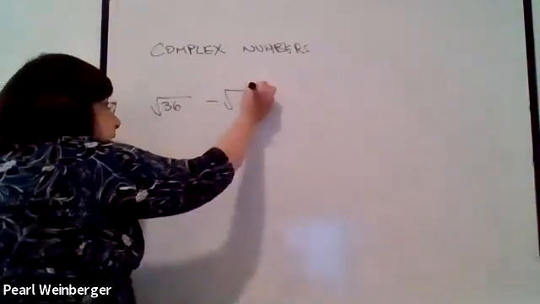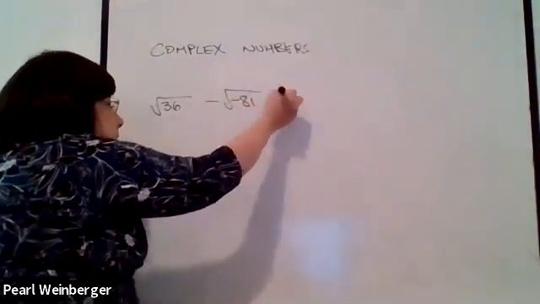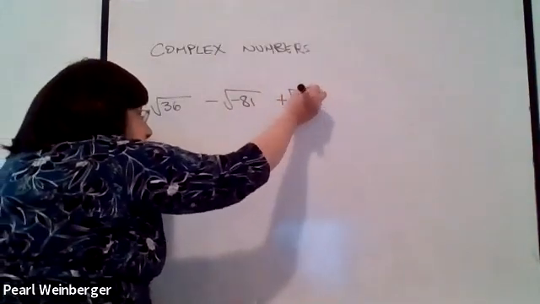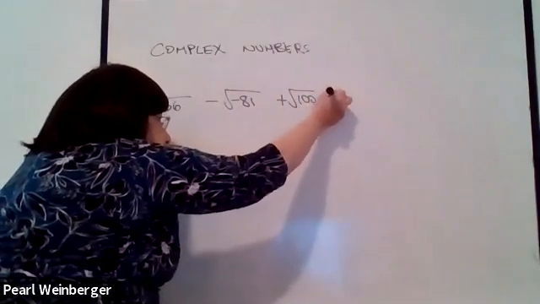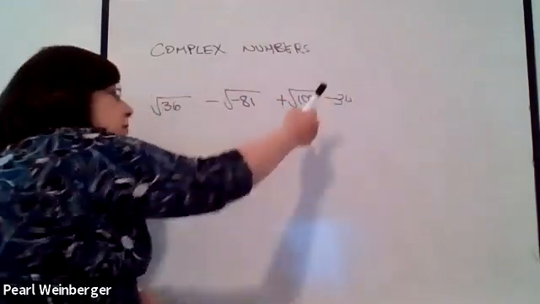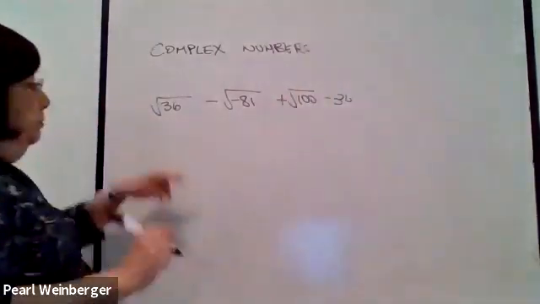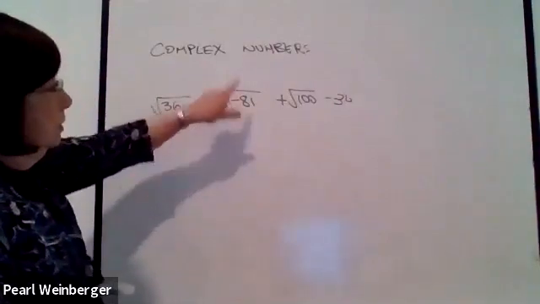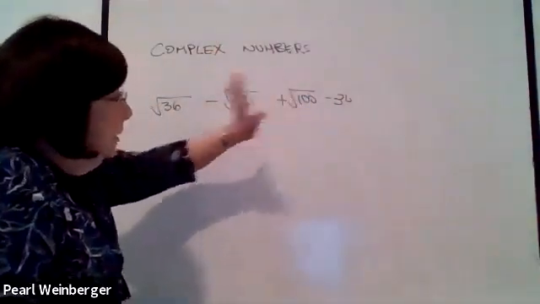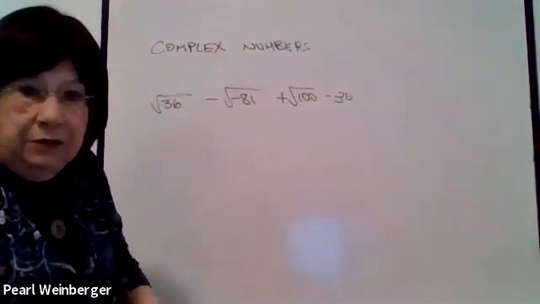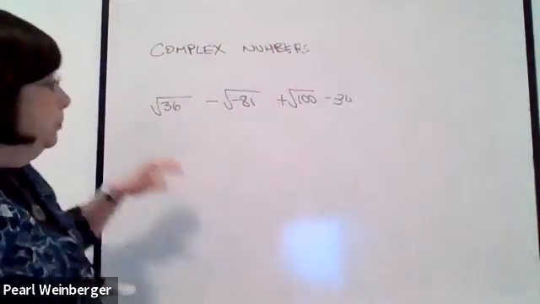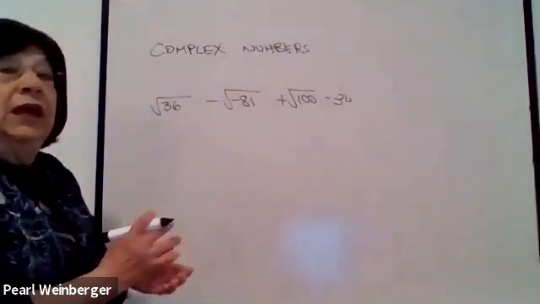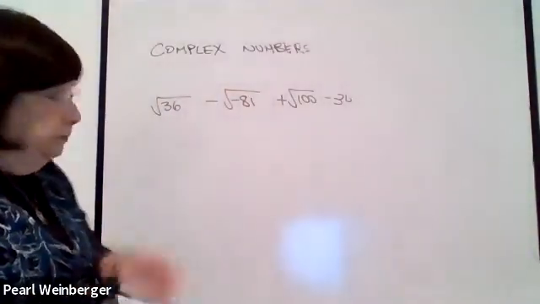Let's say I give you this whole long expression here: square root of 36 minus square root of -81 plus the square root of 100 minus 3i. And I want you to simplify this as much as you can. In order to do that, I want to take all my radicals and simplify them as much as I can.